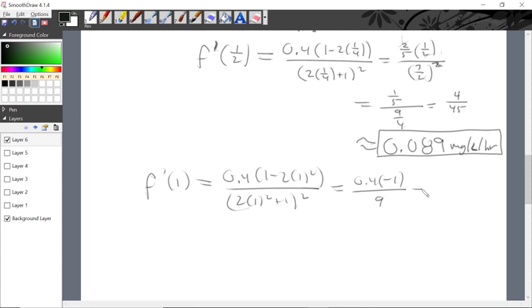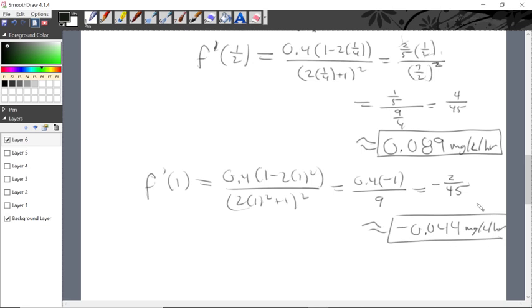So we have negative 2/5 divided by 9, so negative 2 over 45. We have approximately negative 0.044. The next digit is a 4, and it keeps repeating with those 4s. And that is milligrams per liter per hour.